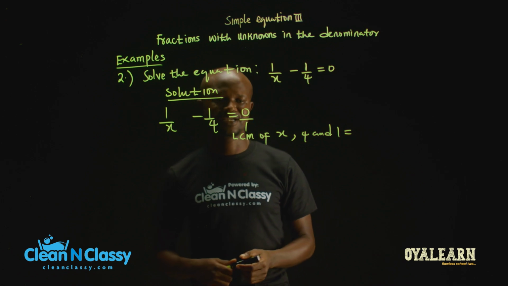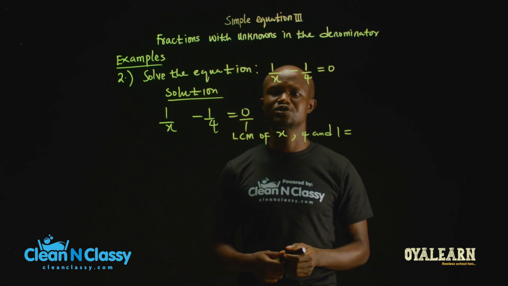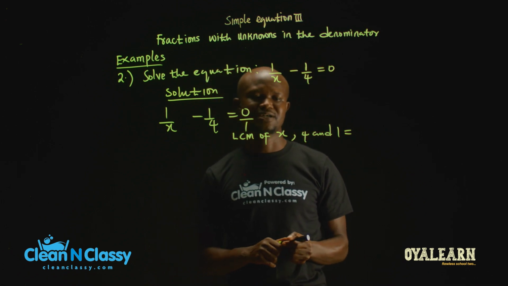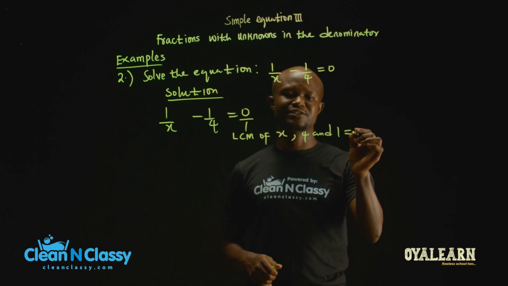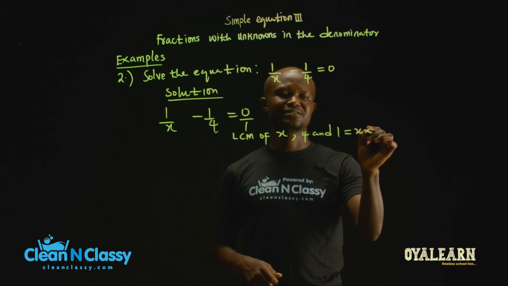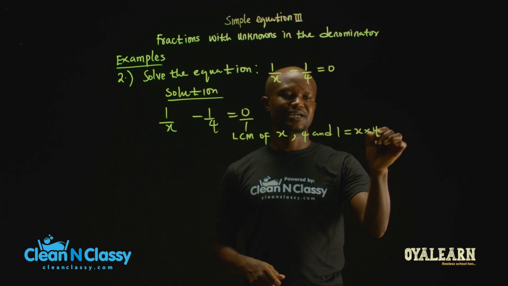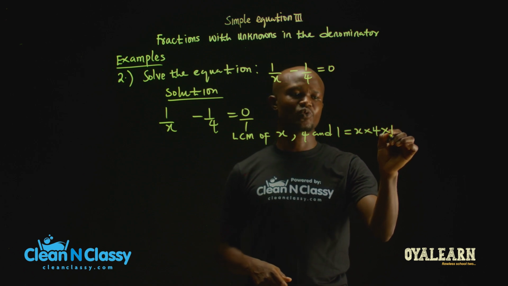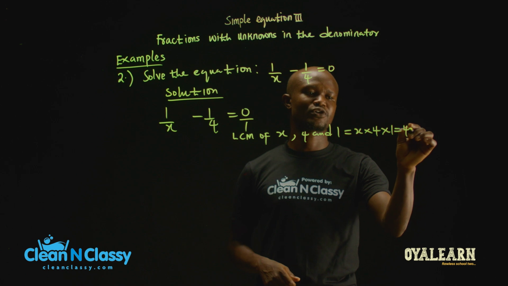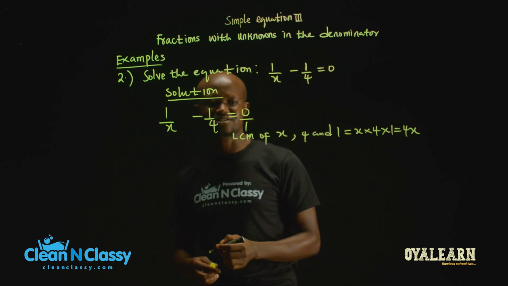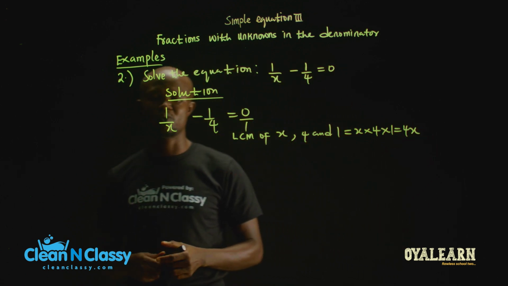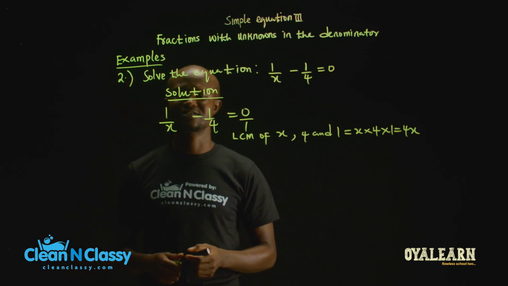Hence, the LCM will be the product of the three expressions. That is x times 4 times 1, and that will give us 4x. So the LCM of x, 4, and 1 is 4x.